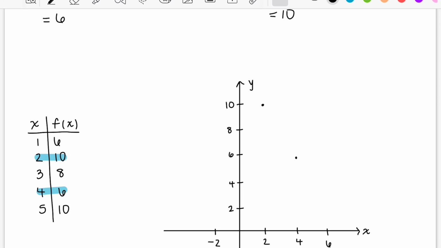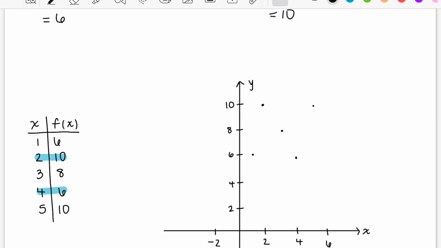We also know that f of x is equal to 6 when x is equal to 1. So something like this. When x is equal to 3, we have 8. And when x is equal to 5, we have 10 here.